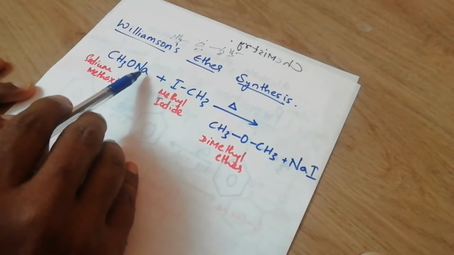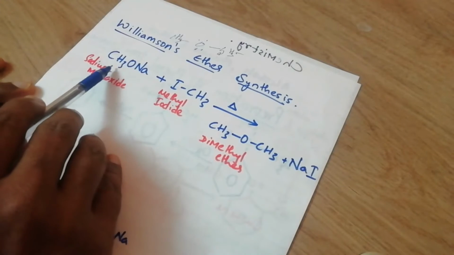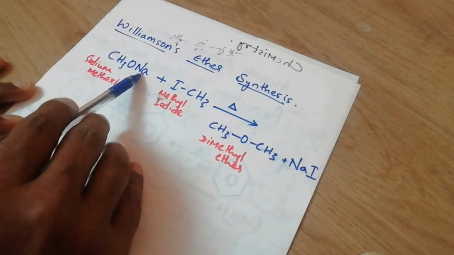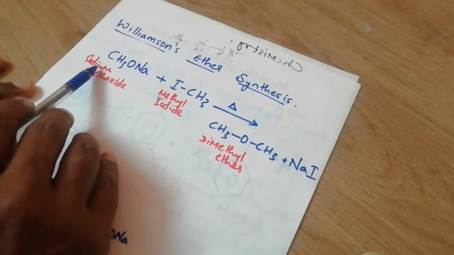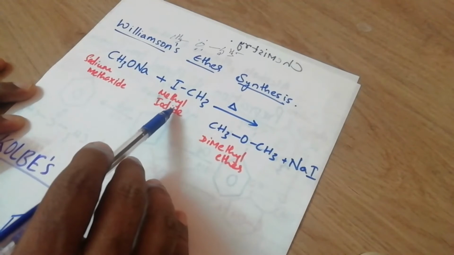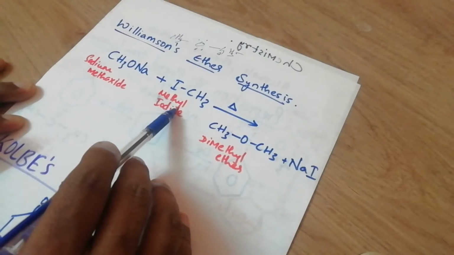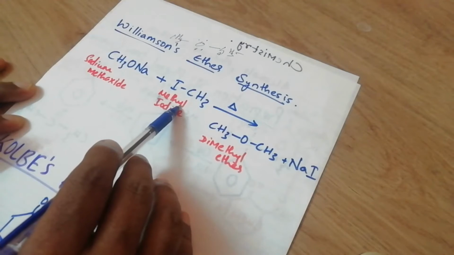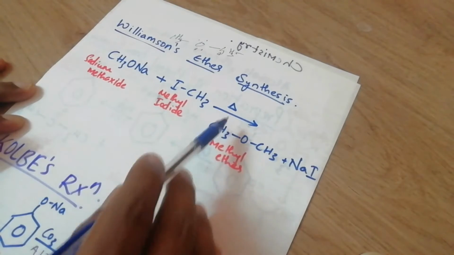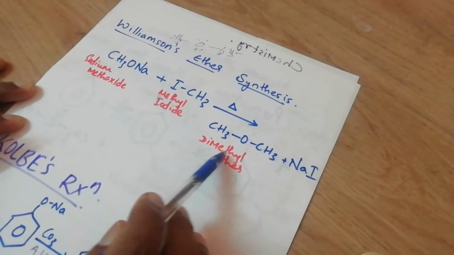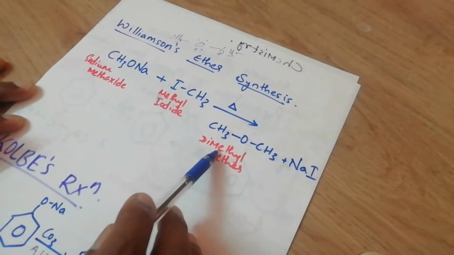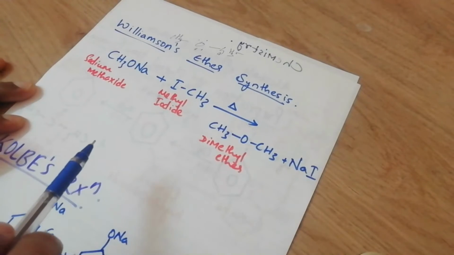When sodium methoxide is treated with methyl iodide on heating, it gives dimethyl ether.